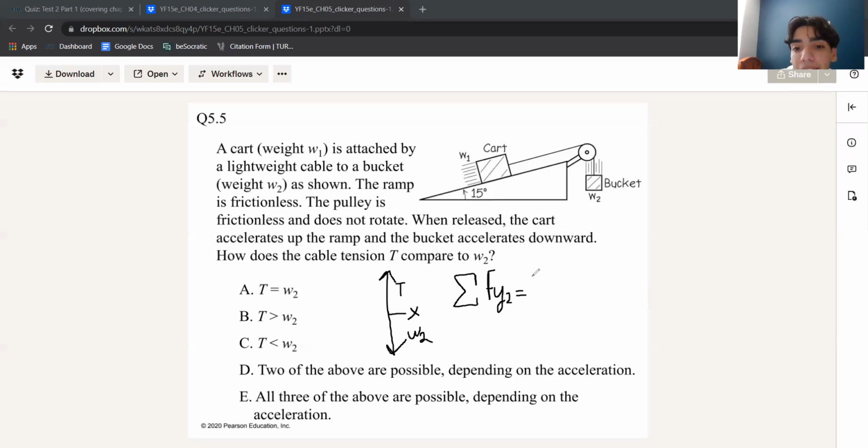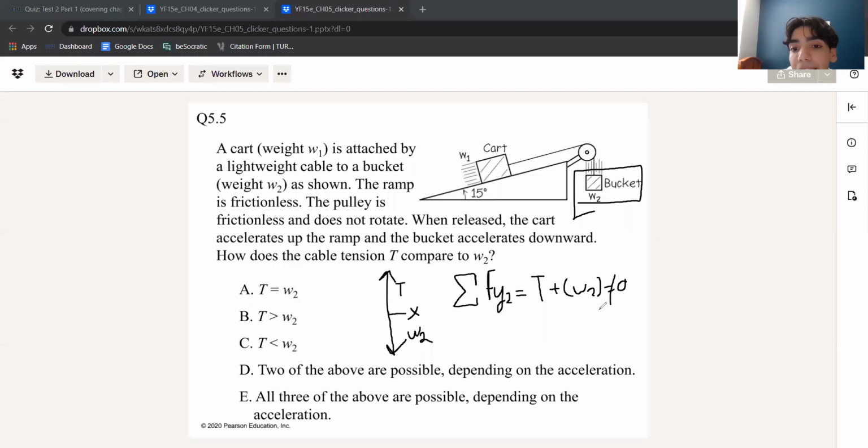We agree with that? Agreed. T plus negative W2 would equal 0. But that is not the case, because if it was 0, this would be at equilibrium, it'd not be moving.